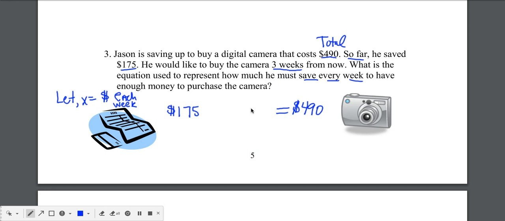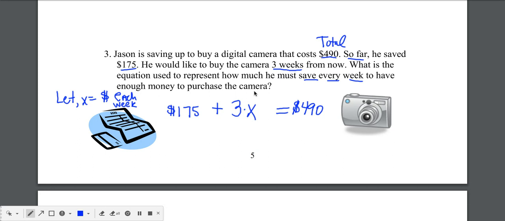So we're going to take our x value, which is a certain amount of money each week, and we're going to multiply it by 3 weeks. That's sort of the creative step, is to read it for detail, figuring out exactly what we're going to do. We're going to take the $175, and then we're going to add it to 3 weeks times x dollars per week. And then it should total up to our total. We want to be able to write an equation that goes with this situation.